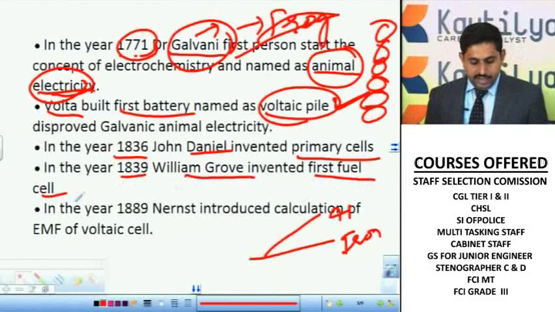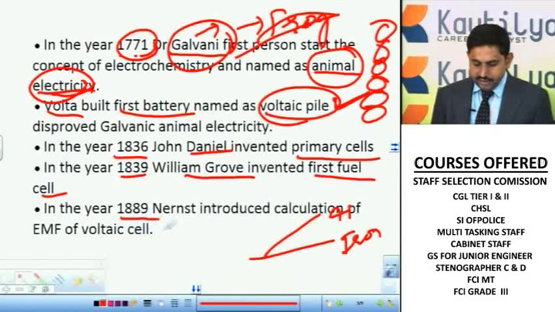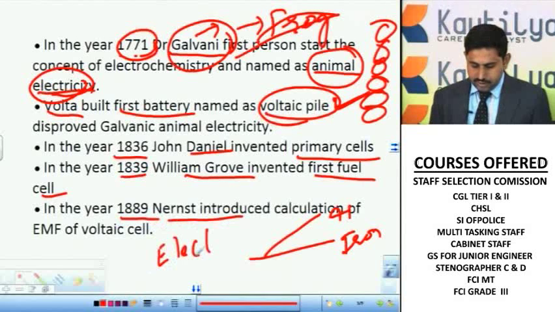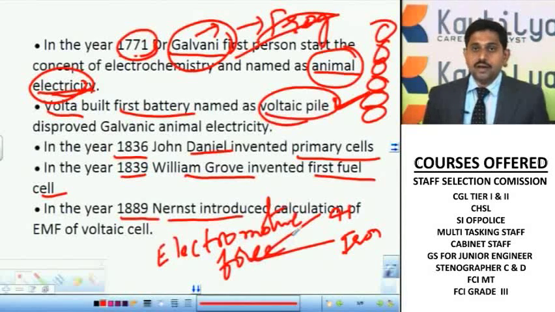In the year 1889, Nernst introduced the calculation of EMF, electromotive force. What an electromotive force is and how it is calculated, we'll discuss in the continued class.